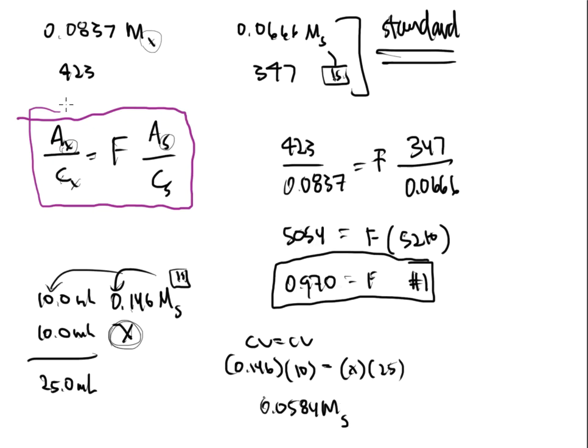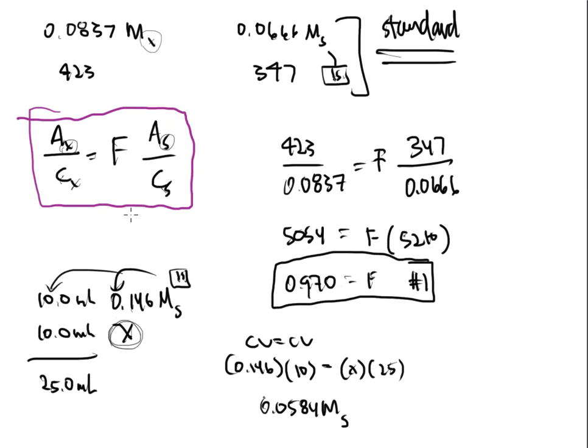So if I go back to this equation up here that I've circled in purple on your screen, I'm going to see some different pieces of the puzzle start to fill in. I now know the F value. I now know the concentration of the internal standard, so C sub S now is what I know. It also told me the signals.